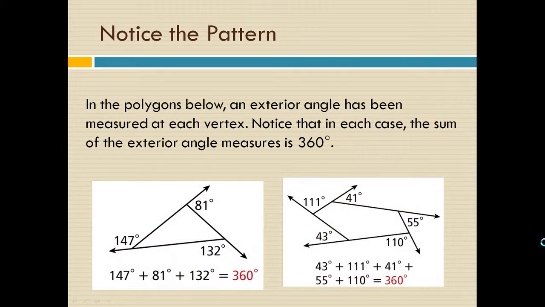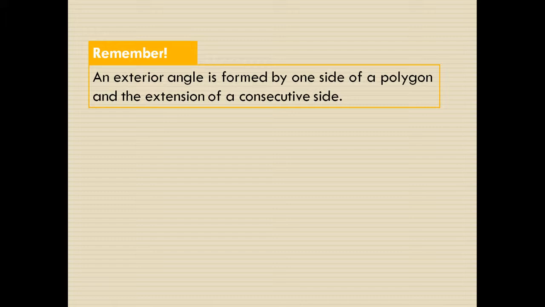We want to notice patterns. In polygons, an exterior angle has been measured at each vertex. Notice that in each case, the sum of all the exterior angles measures 360 degrees. An exterior angle is formed by one side of a polygon and the extension of a consecutive side.